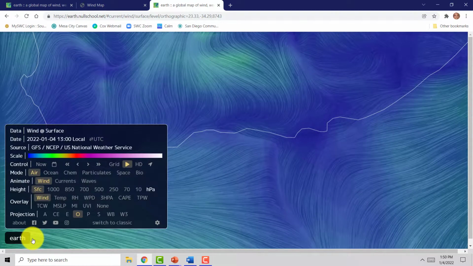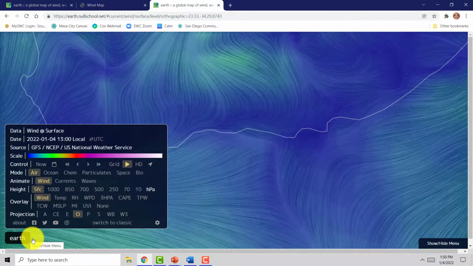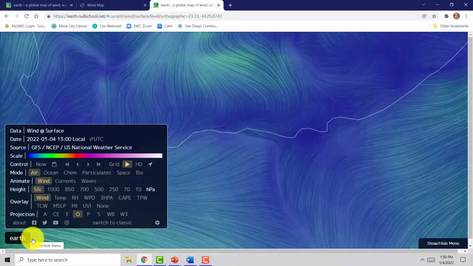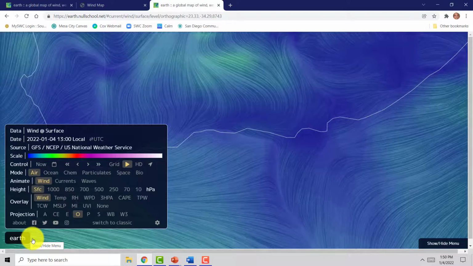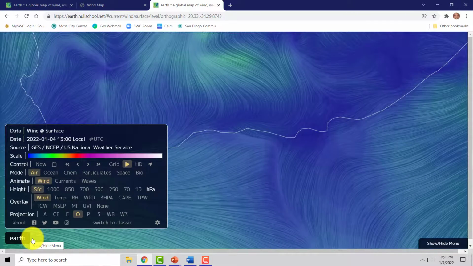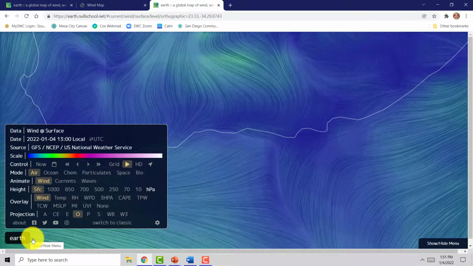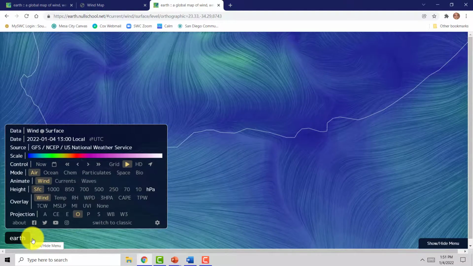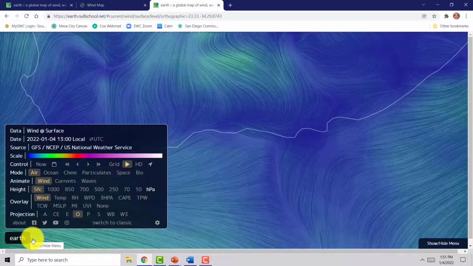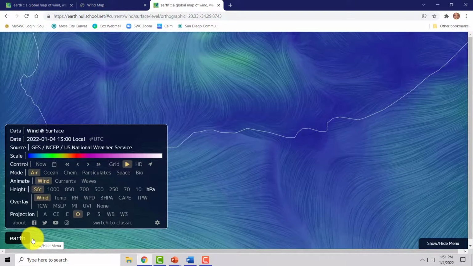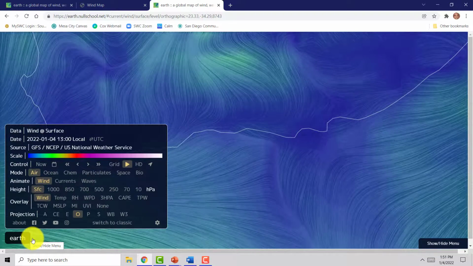Okay, I know that you do not have access to this website, but I just want to show you all of these factors, and this is a global map that is published and supported by the U.S. National Weather Service. And you can see that you can change the variables of what you look at, and you can even change the projection.